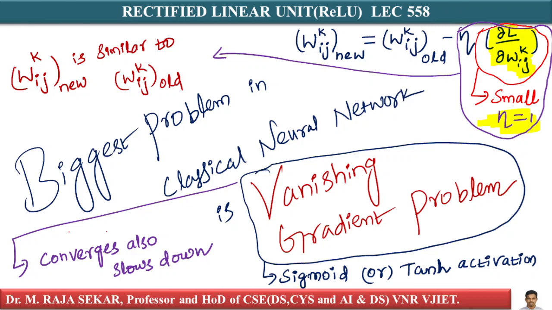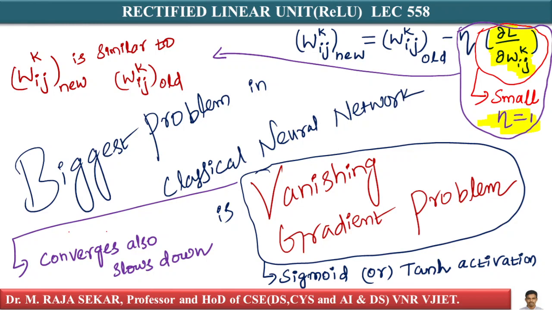But if you really want to train deep neural networks, you have to get rid of sigmoid and tanh activations. Because of this problem of sigmoid and tanh, around 2011, there came a very elegant and probably one of the most important ideas in deep learning, called rectified linear units, in short form ReLUs, isn't it?